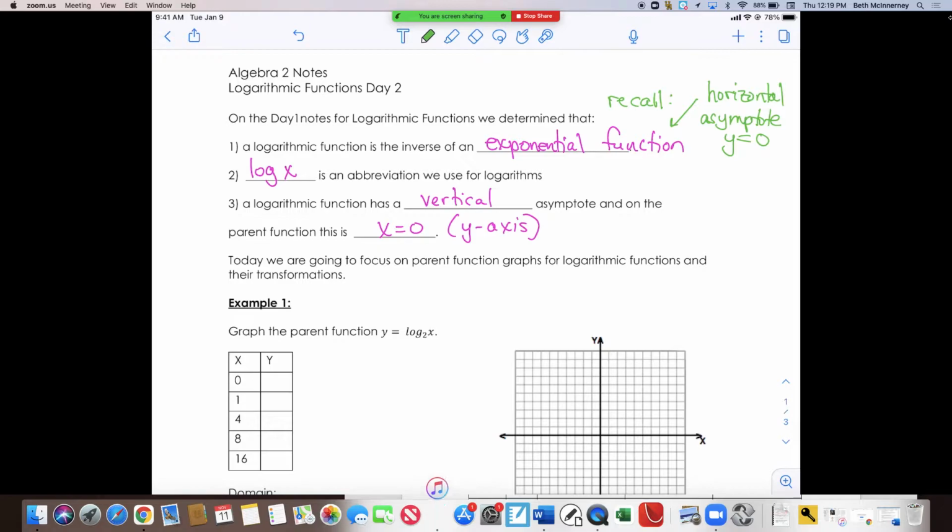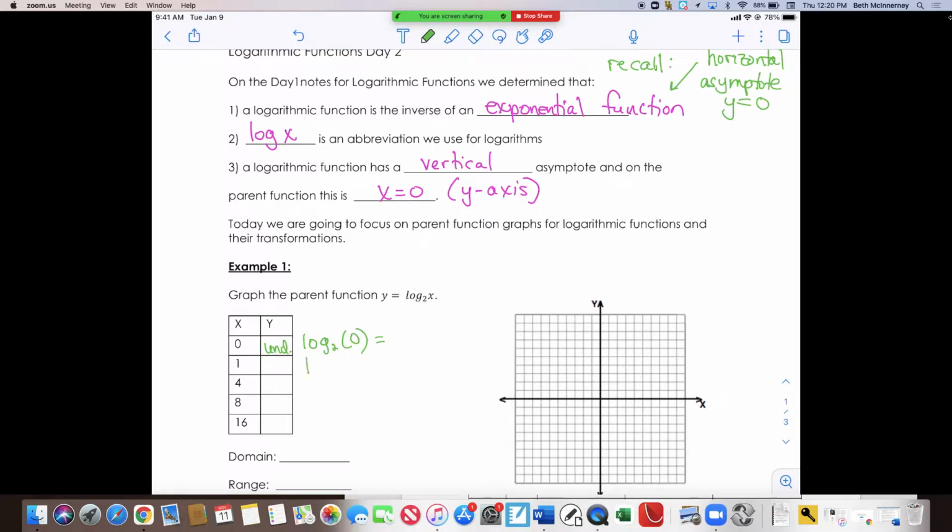The first one is an error, and it should be. The base is 2, and that's a 0. We're going to say that's undefined. And doesn't that make sense? Because there's a vertical asymptote at x equals 0.